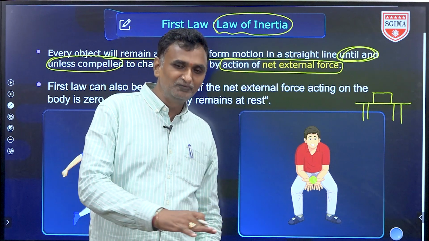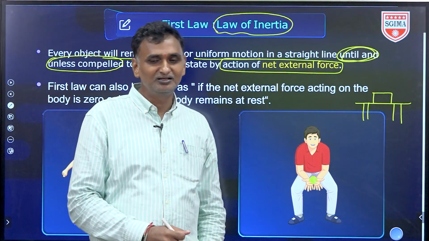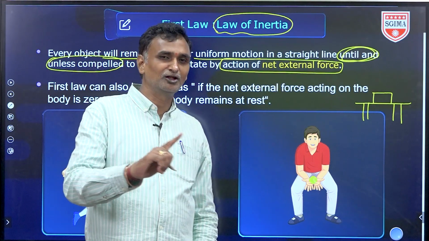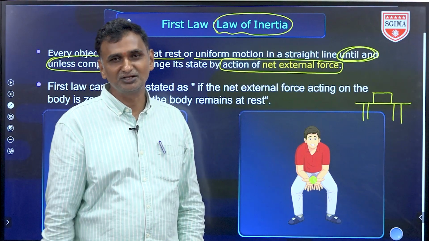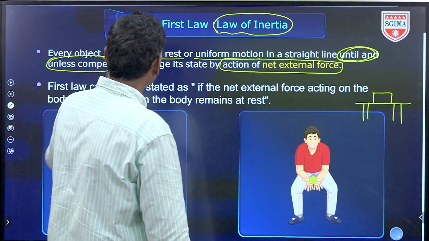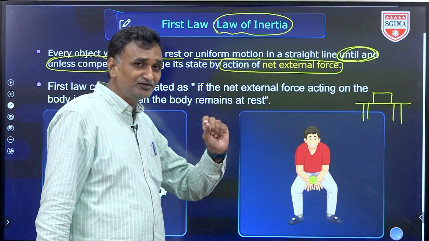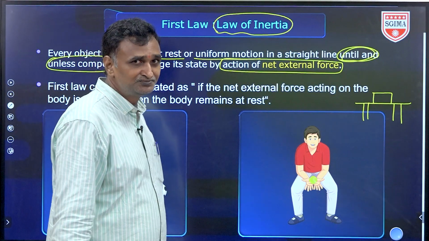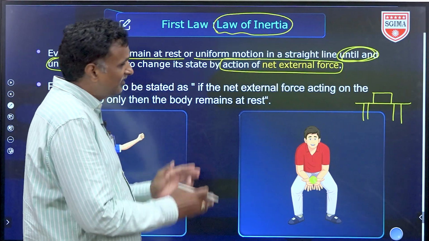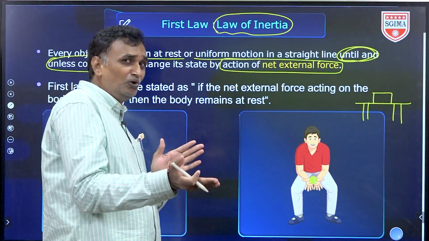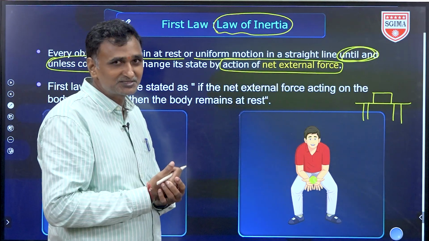If there were no friction between the ground and the ball, the ball would move continuously with the same velocity. That explains the second statement: a body in uniform motion will keep moving in the same uniform motion. That happens until and unless an external force acts on the system.